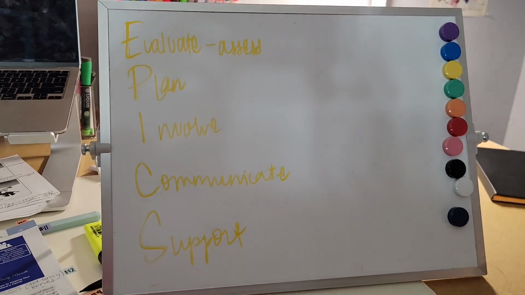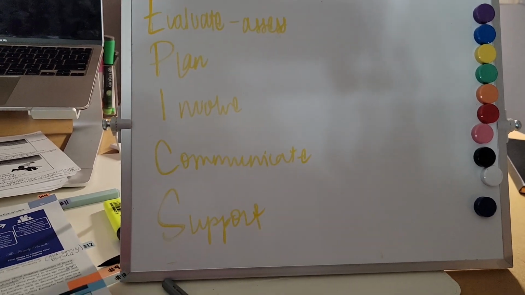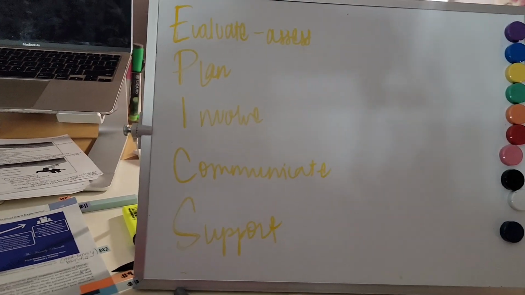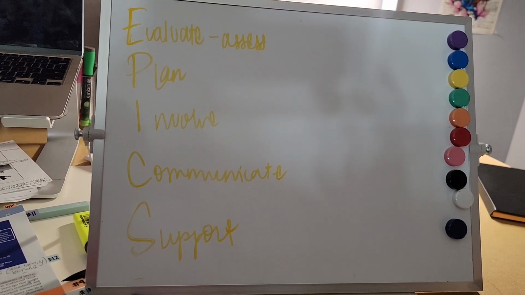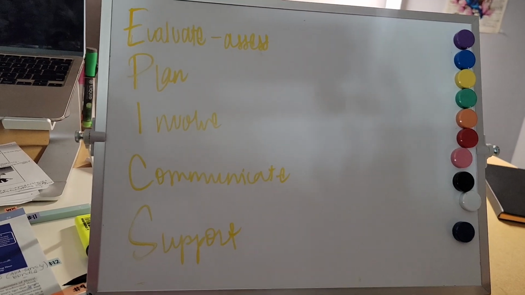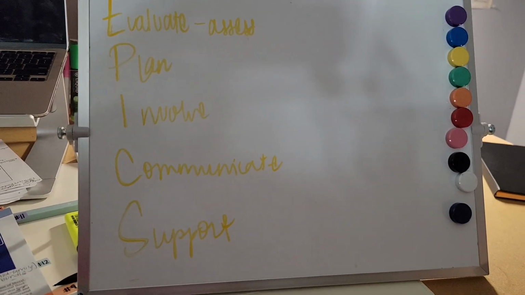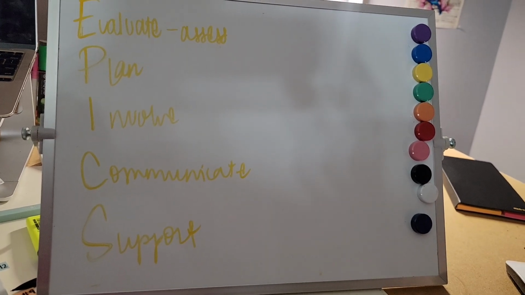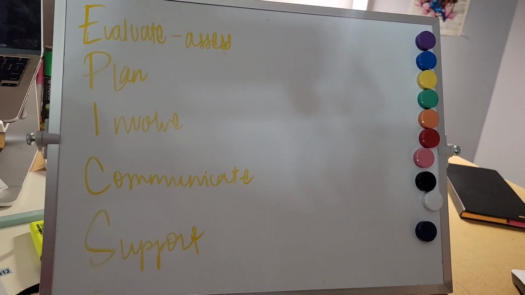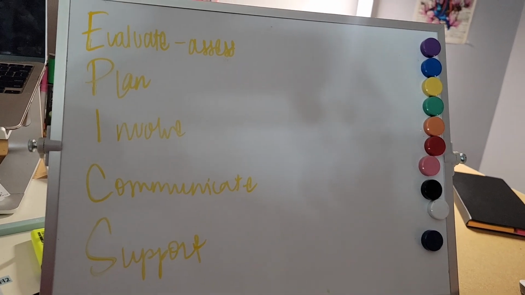So, EPICS. E is evaluating by assessing. We're assessing the family background, their coping skills, their needs, what stressors are going on, and figuring out how much they really want to be involved. P is planning, which is figuring out how to meet their needs and giving encouragement.